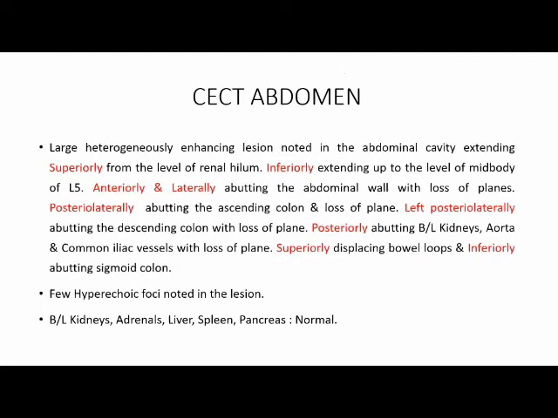Ravneet or Narsimha? Sir, am I audible, sir? Yes, please. CECT abdomen, I don't have the image, just the report is there. It's a large heterogeneously enhancing lesion noted in the abdominal cavity, extending superiorly from the level of renal hilum, inferiorly up to the level of midpoint of L5, anteriorly and laterally abutting the abdominal wall with loss of planes, posterolaterally abutting the ascending colon and loss of plane, left posterolaterally abutting the descending colon with loss of plane, posteriorly abutting bilateral kidneys, aorta, common iliac vessels with loss of plane, superiorly displaced bowel loops and inferiorly abutting the sigmoid colon.